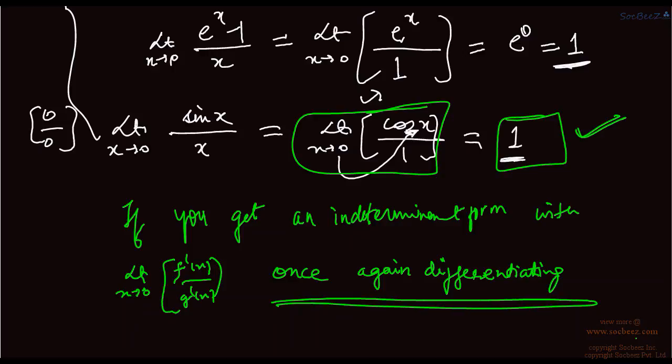Until you get a constant limit, you have to differentiate again and again. This will be an iterative solution.